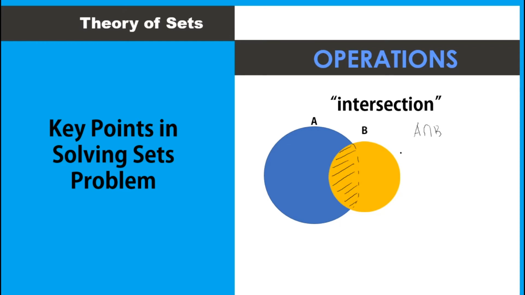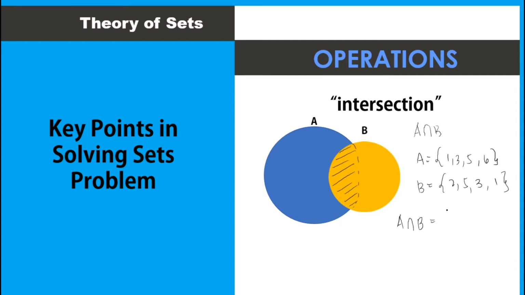Say for example, for A we have the set of numbers 1, 3, 5, and 6. For B we have 2, 5, 3, and 1. The intersection of A and B is the elements that are common between the two sets.